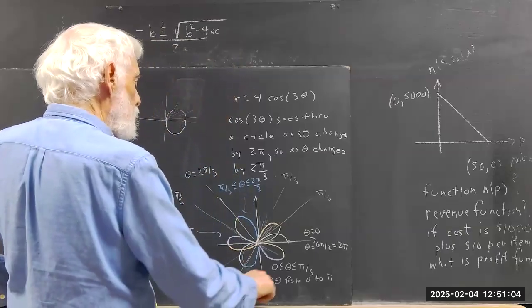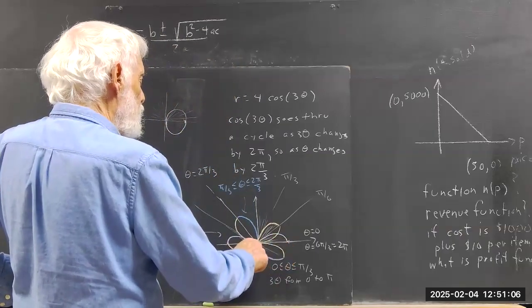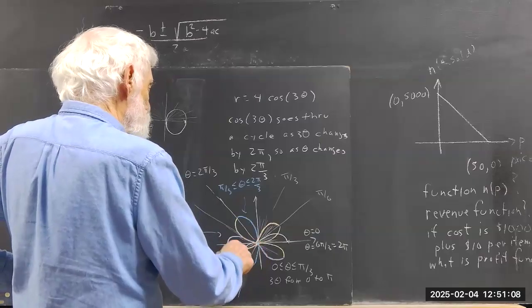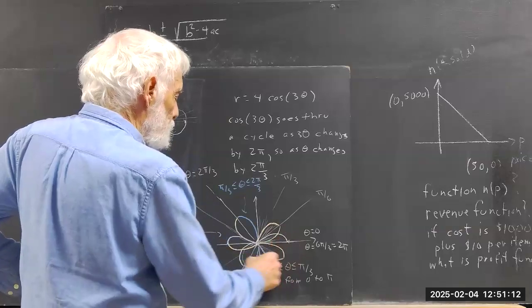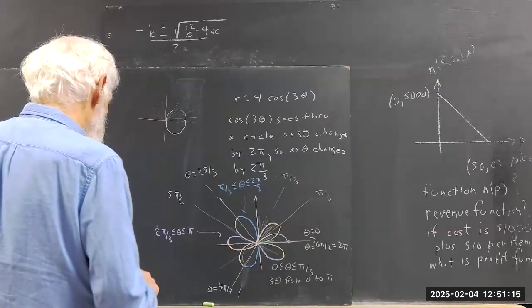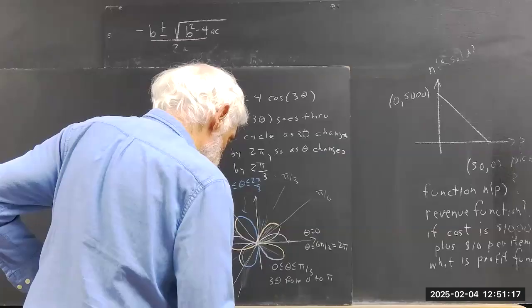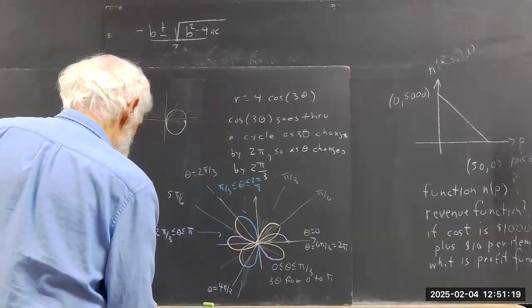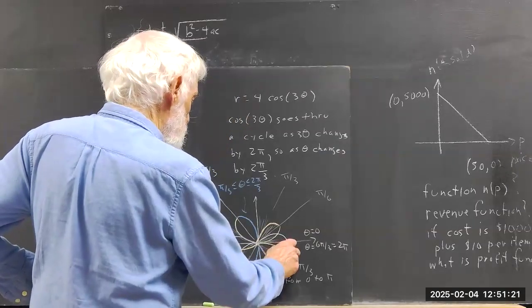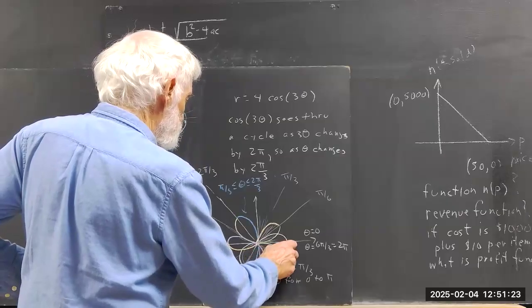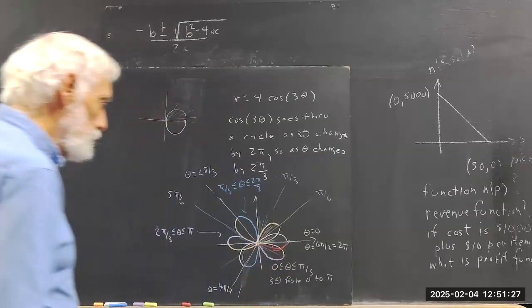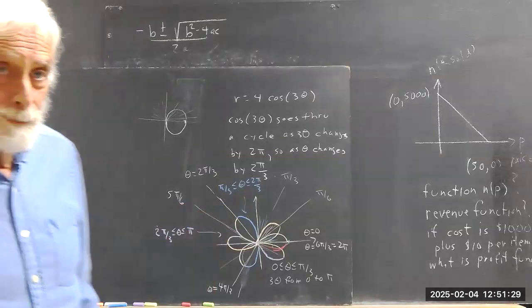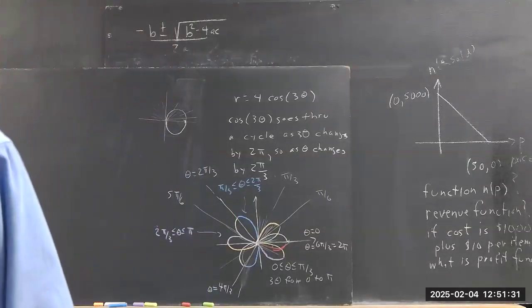Then as we go from 4 pi/3 to 2 pi, we retrace this part of this loop and then this part of this loop, and then we come back and finish it. I'm not going to go into detail on that. You can kind of figure that out. I don't quite have that drawn right there. They're kind of intersecting where they should, but you get the idea. I should have drawn the line.